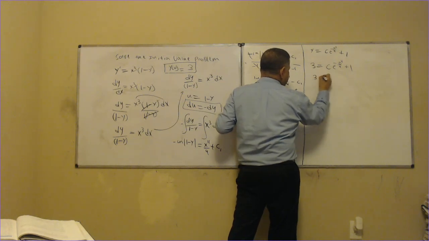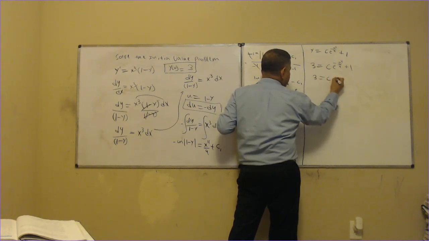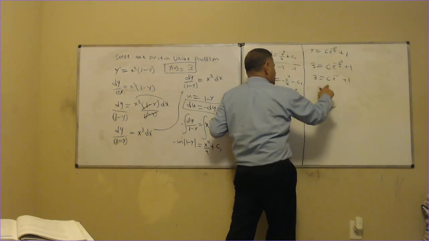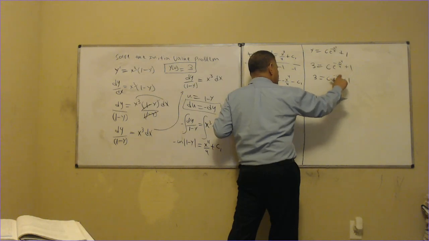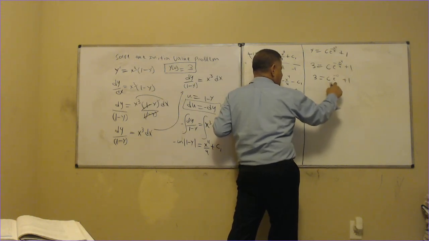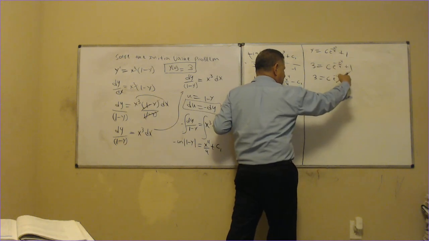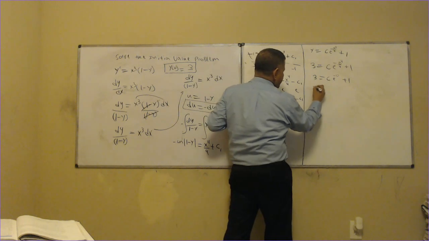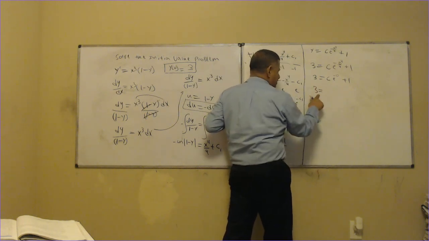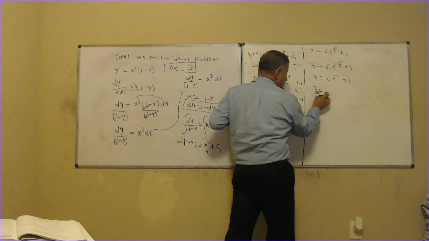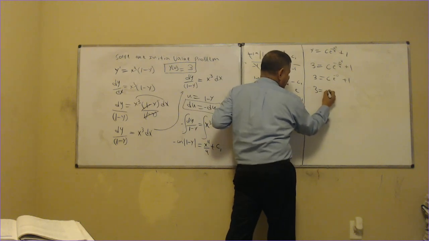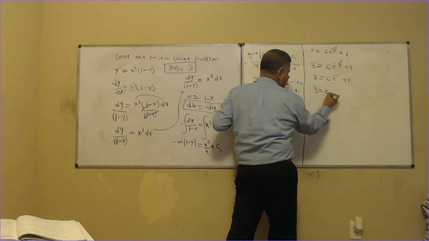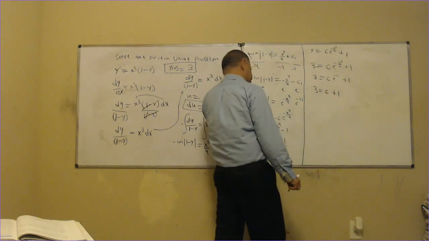So 3 is equal to C e to the negative 0 power plus 1. This is equal to 0 anyway, so e to the 0 power is 1. So therefore 3 equals C, if that is 1, it's just C plus 1.